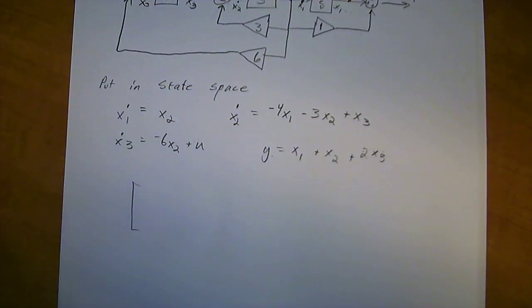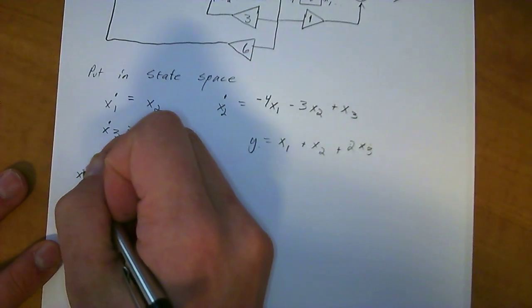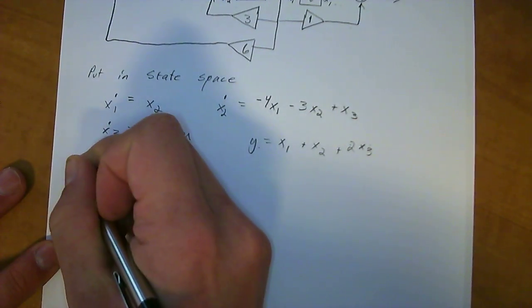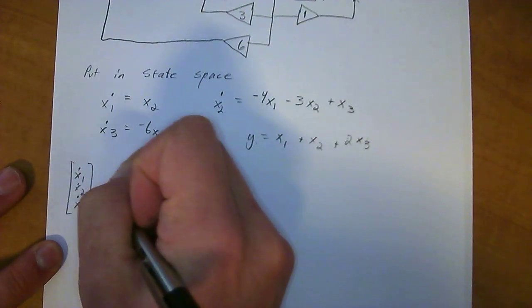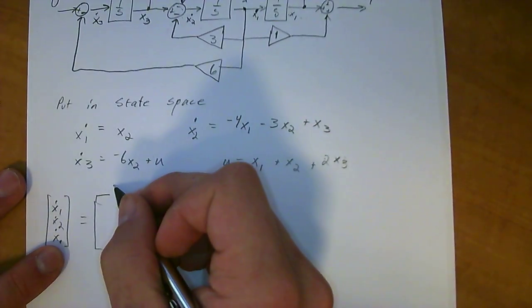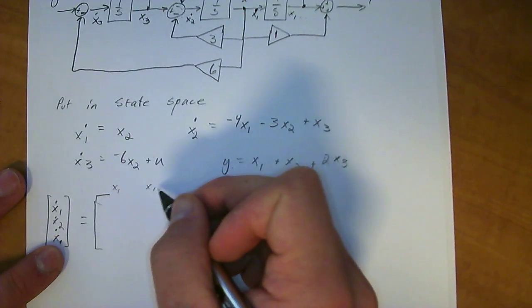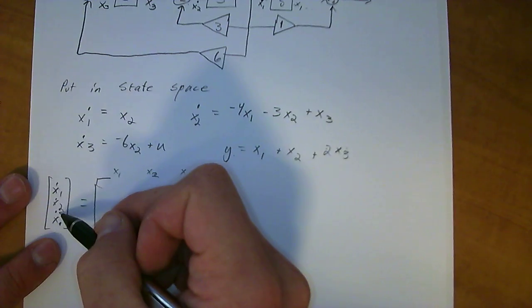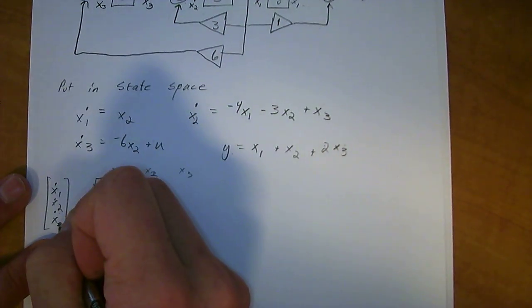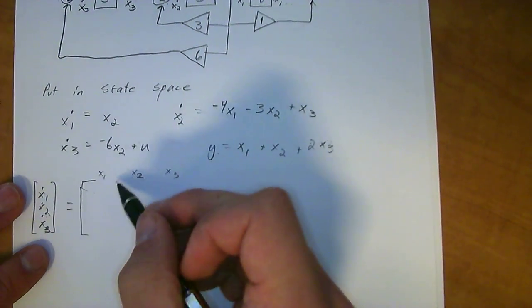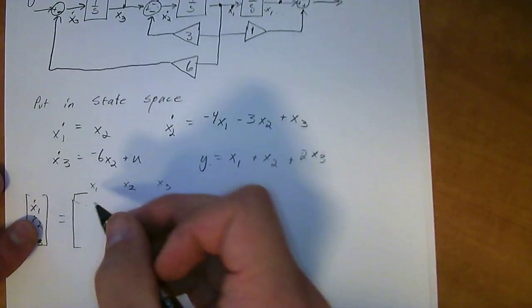So from there, it's really easy to set up the state space because you just go, again, let me lay this out correctly for you. So you've got x dot 1, x dot 2, x dot 3, just like this, is equal to, when you're setting up your state space, what I like to do is kind of put x1, x2, x3 in the matrix so you know what's going on. Then x1, x2, x3 align with the rows.